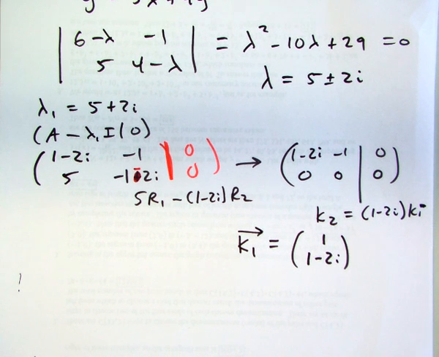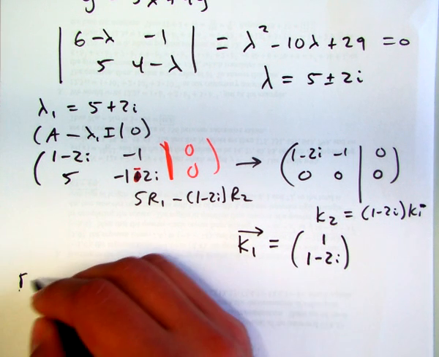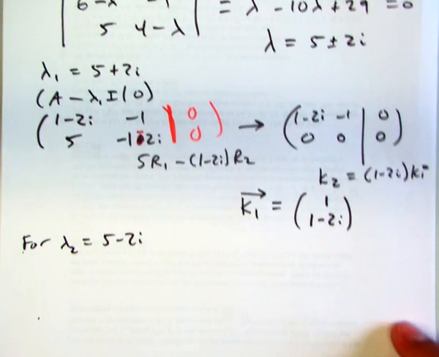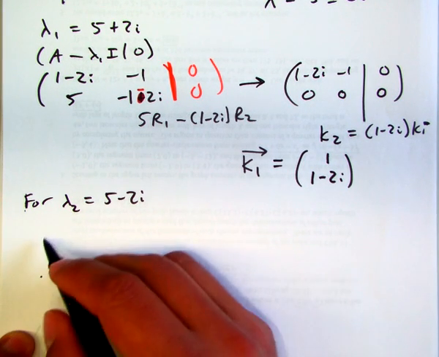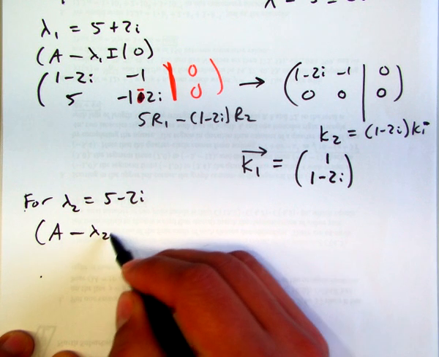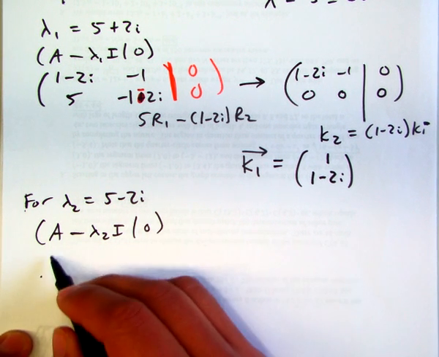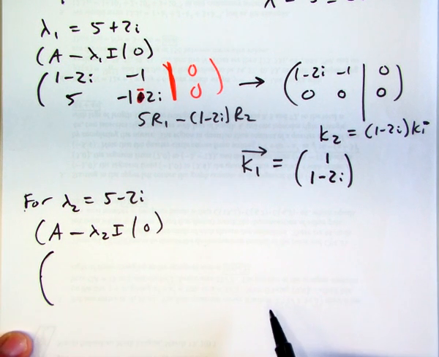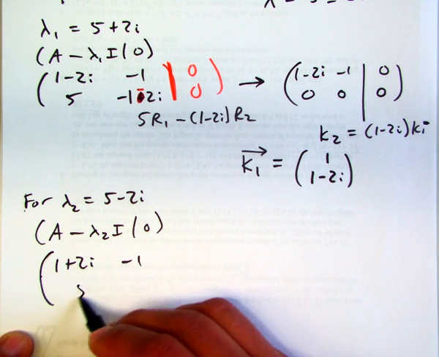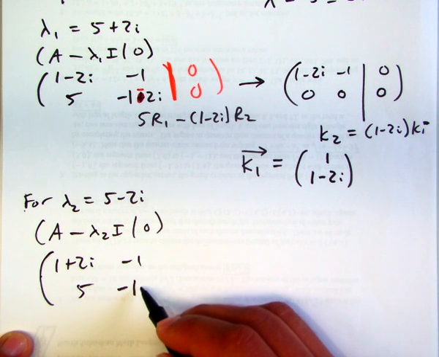And now if we go to the second eigenvalue, 5 minus 2i, again solving A minus lambda 2 I augmented with 0. Now we get 1 plus 2i here, and negative 1 plus 2i here.